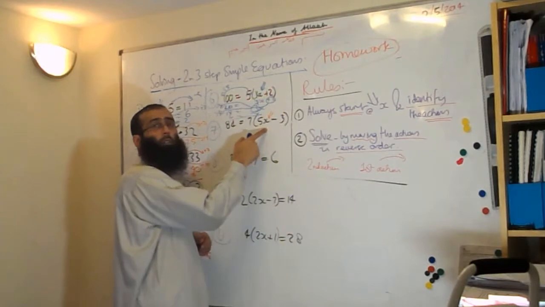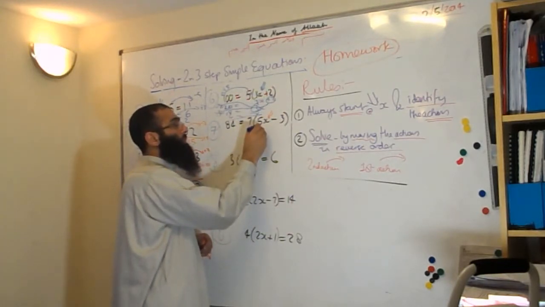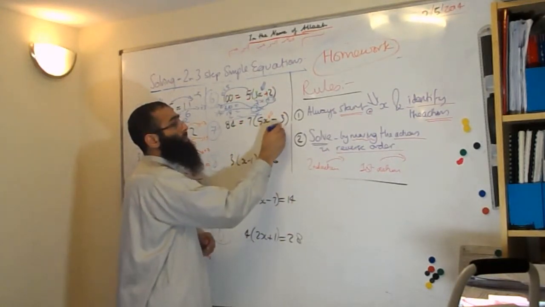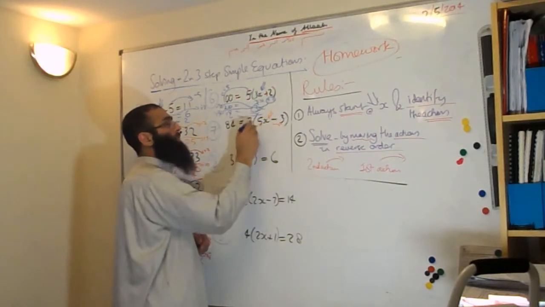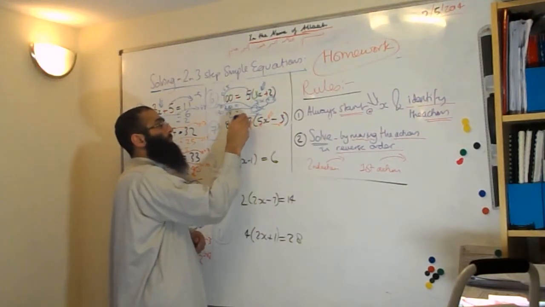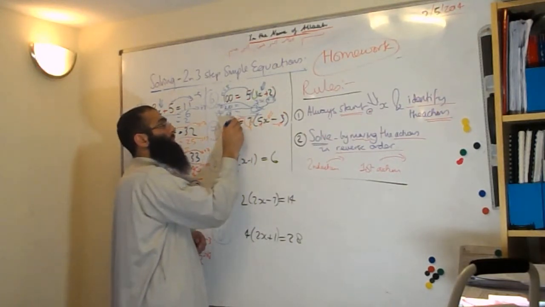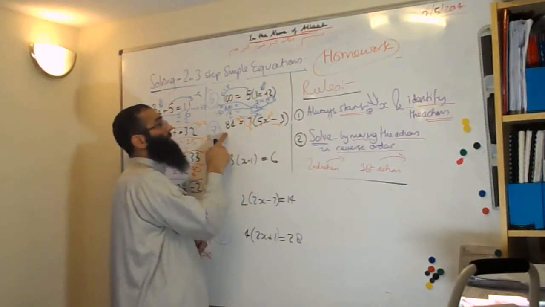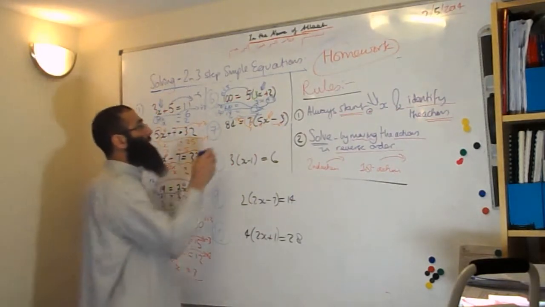Start with the x. X has been times by 5. First action. Minus 3, second action. And all of that has been times by 7, third action. Okay, so move the last action first. Opposite time by 7 is going to give us divide by 7. So 84 divided by 7 will give us an answer of 12.